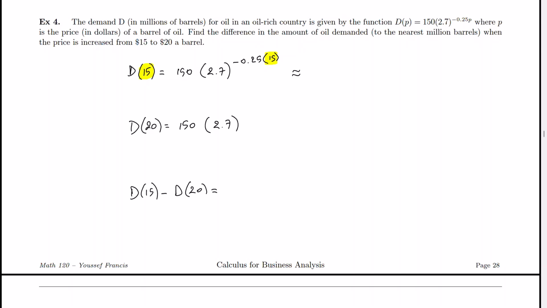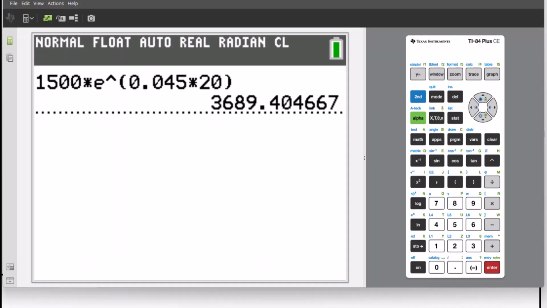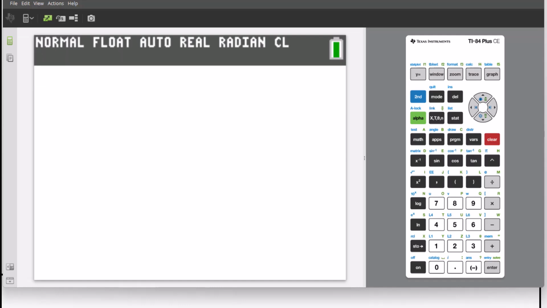Type in 150 times 2.7 to the power of negative 0.25, but the p has been changed to 20, and again, I need to figure out what the value is going to be, and we can use our calculator to do this. So speaking of which, let's switch over to the calculator. So for the first one, we have 150 times 2.7 with power, so I need to put that little caret.